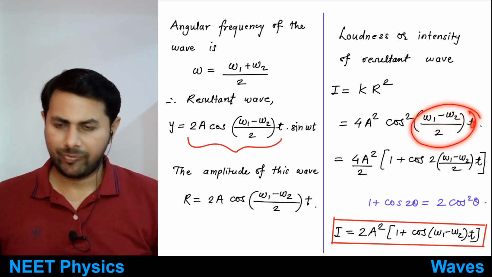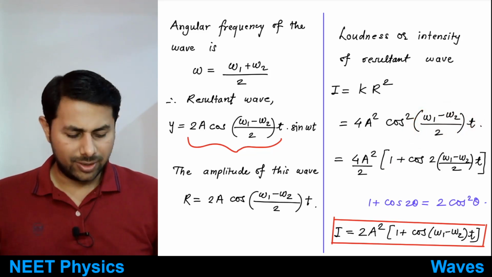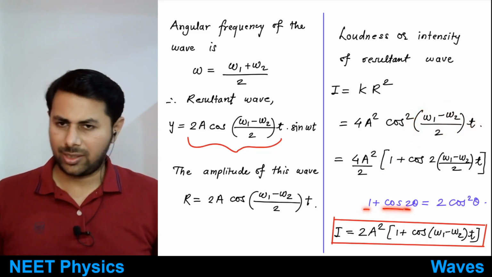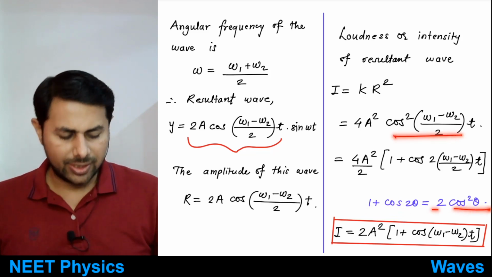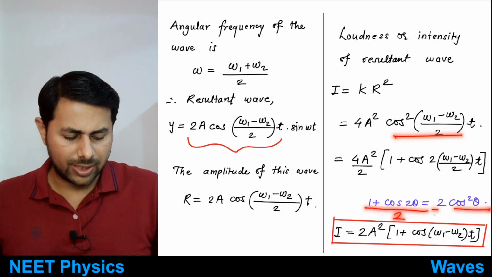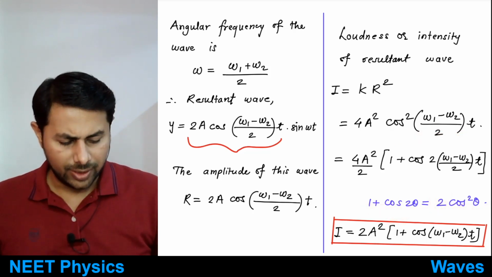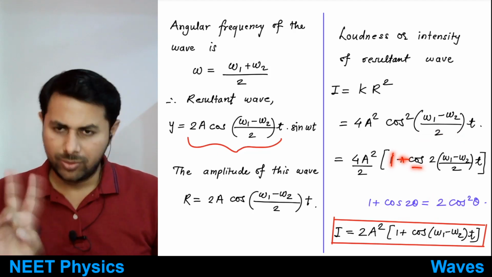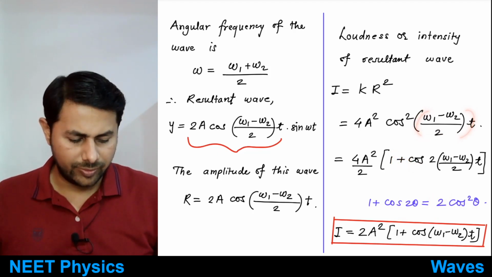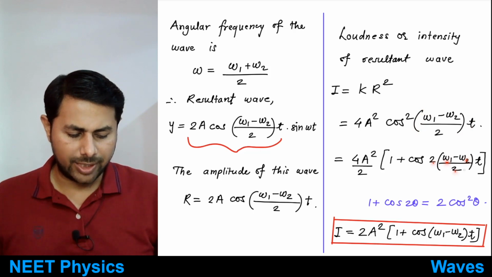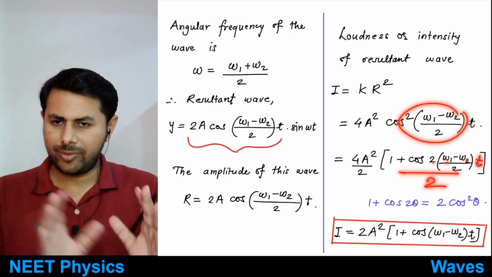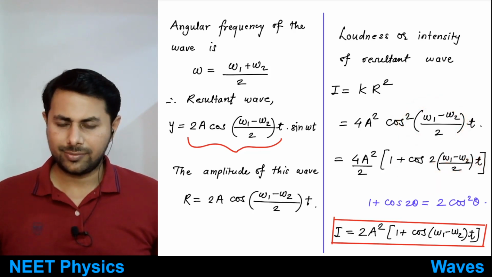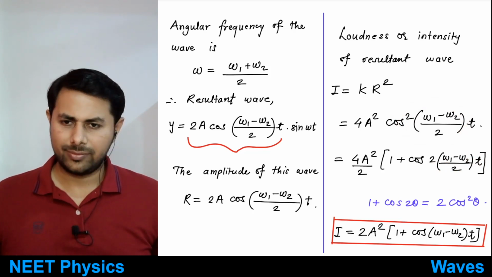So you can write 1 plus cos 2θ is equal to 2 cos²θ, which means cos²θ can be written as (1 plus cos 2θ) divided by 2. So you write 1 plus cos of 2 times (ω1−ω2)/2 into t, divided by 2, and that would be cos²θ. This thing is clear? Everyone?